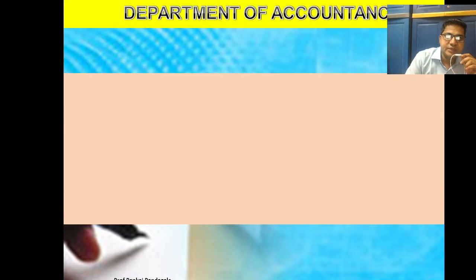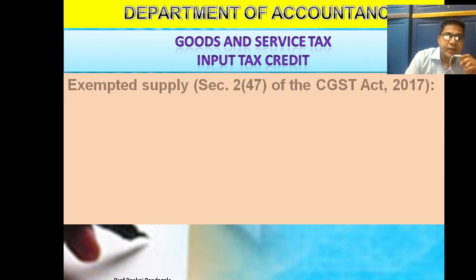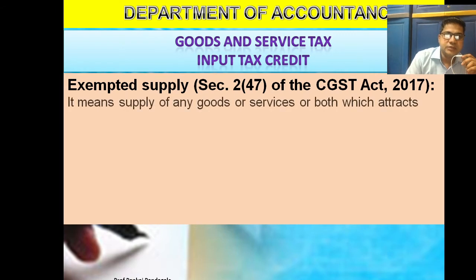Now the next concept is exempt supplies. Section 2 subsection 47 of the CGST Act. It means the supply of goods or services or both which attracts nil rate of tax.